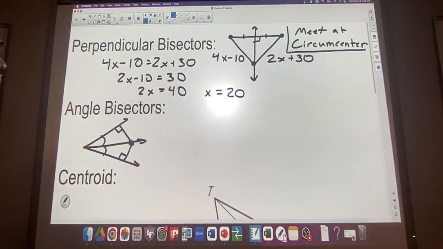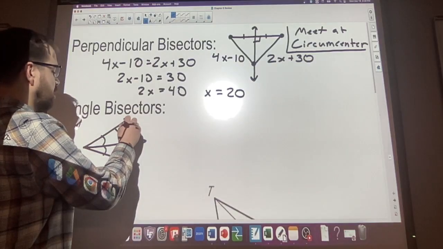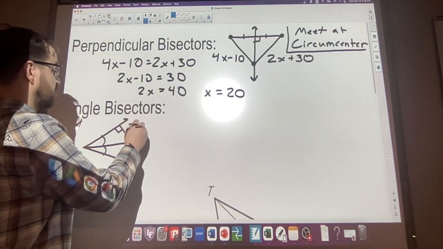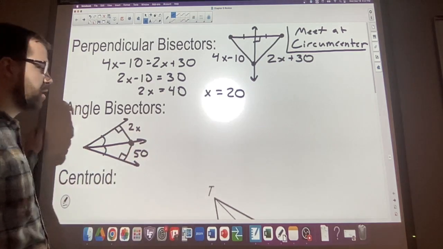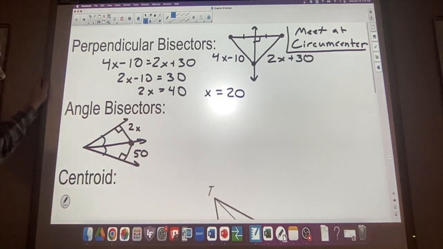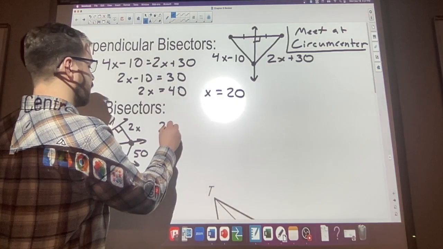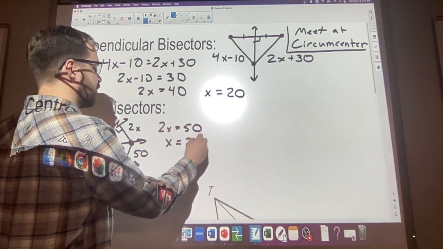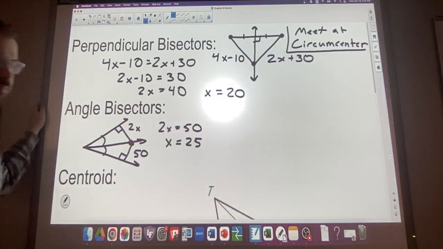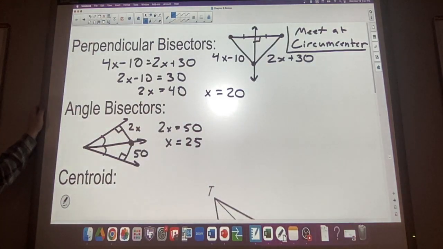I'm not going to make up a whole other example here. But if I told you this was 2x and that this was 50, you should be able to set them equal and solve, right? So 2x equals 50, and obviously it won't be this easy on the test, and x equals 25. And then you could plug it back in if you really needed to, okay?